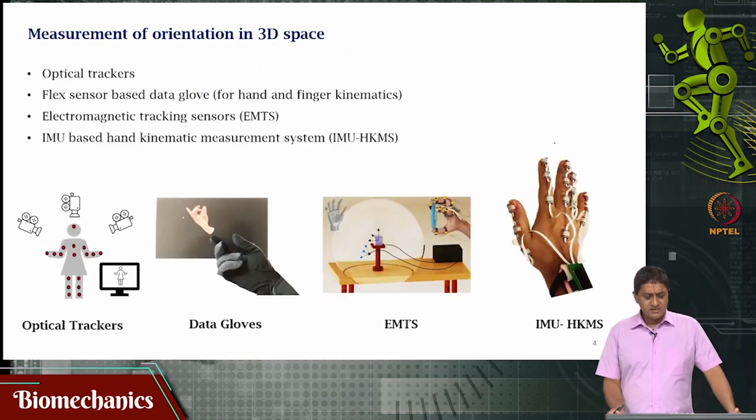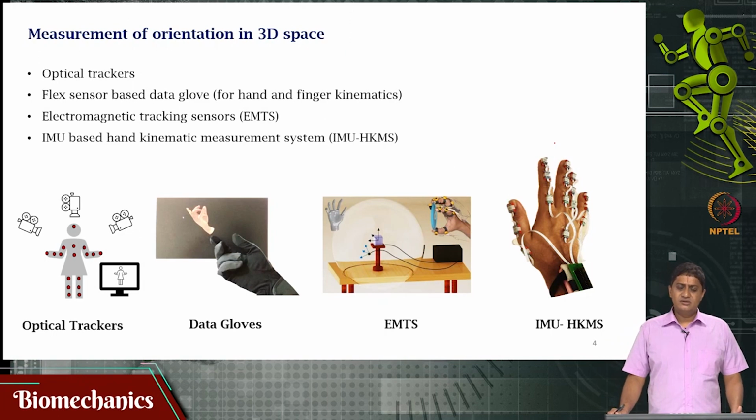Now we will spend some time discussing how we can measure orientation in 3D space. So we are interested in measuring orientation of a rigid body in 3D. What are the various ways in which you can do it? Which method is good, which method is better, which method is best?